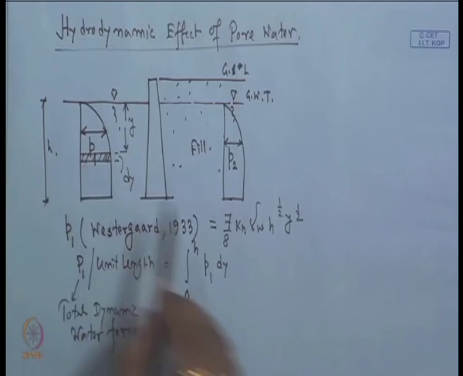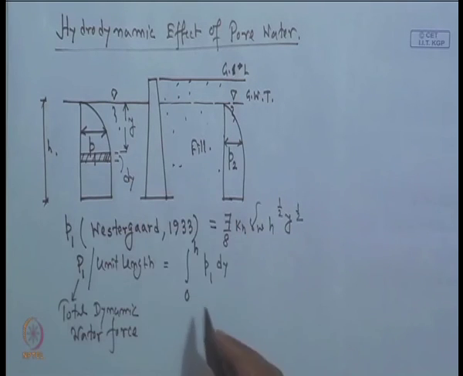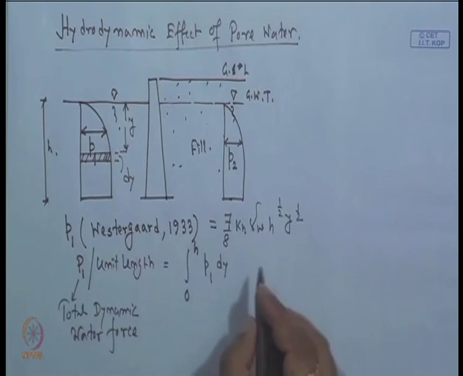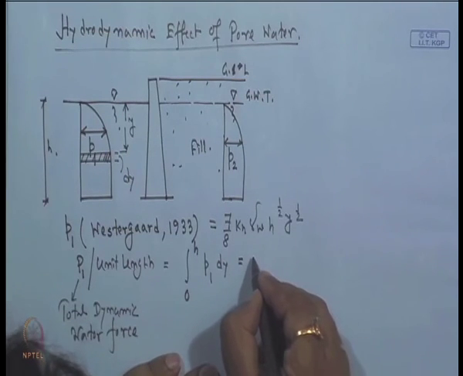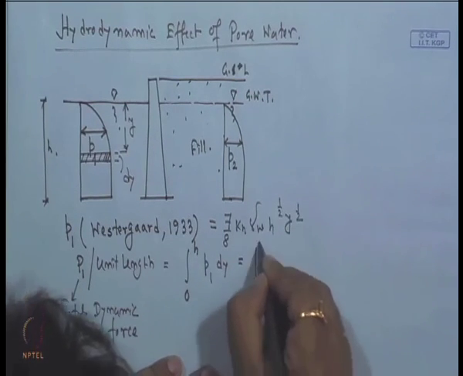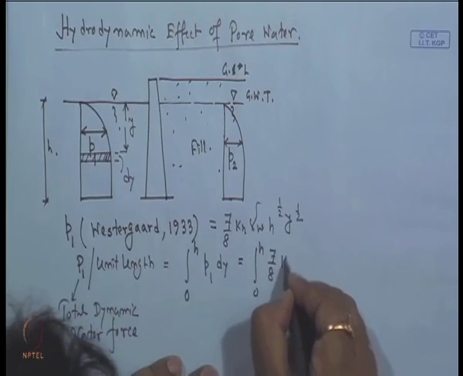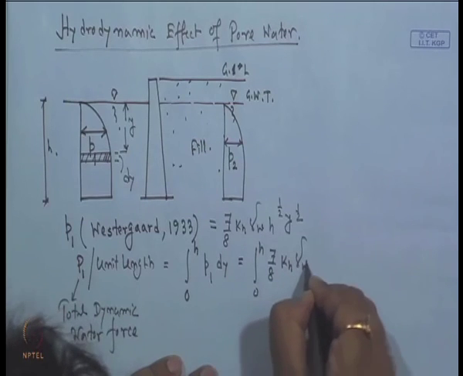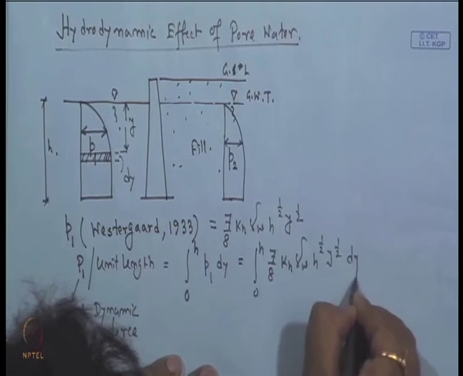So, P1 into dy is the total force on this small segment, and the total force for the total structure is integration of 0 to h of P1 into dy. So, again 0 to h, 7 by 8 k h gamma w h to the power half y to the power half dy.